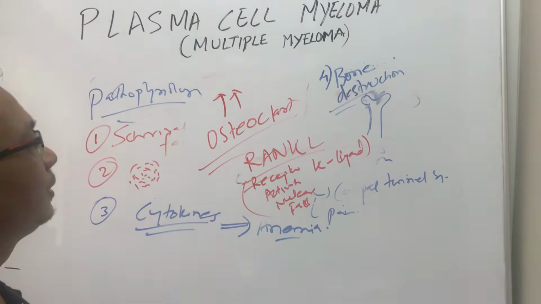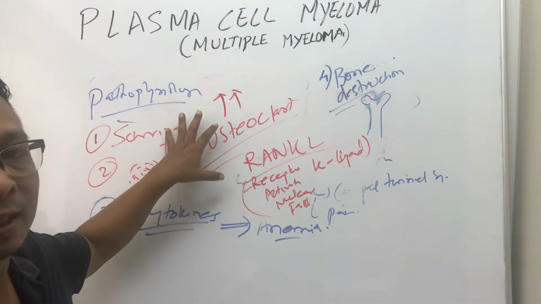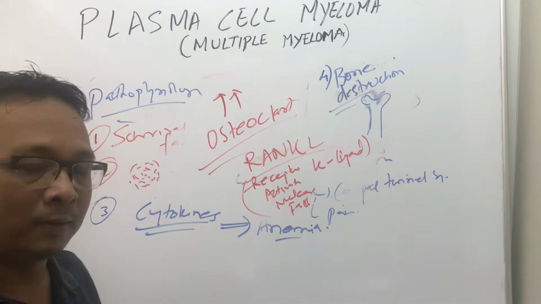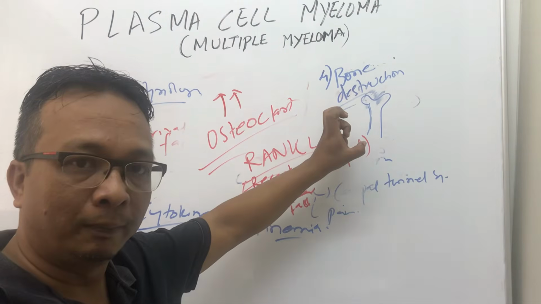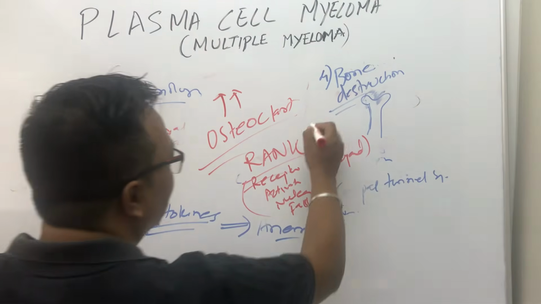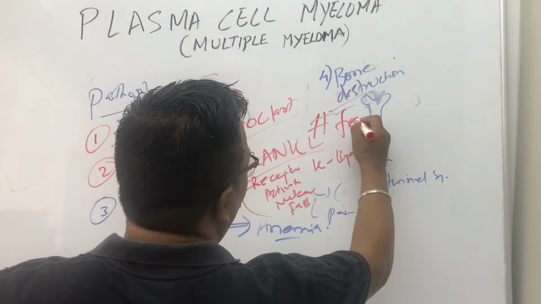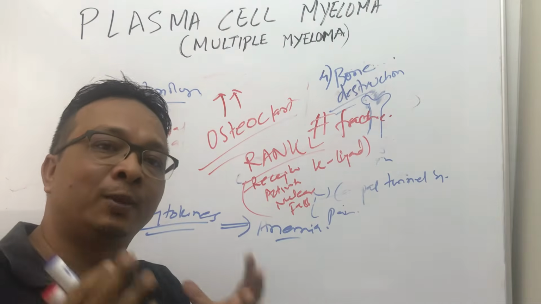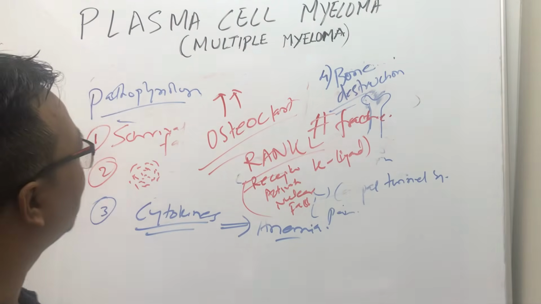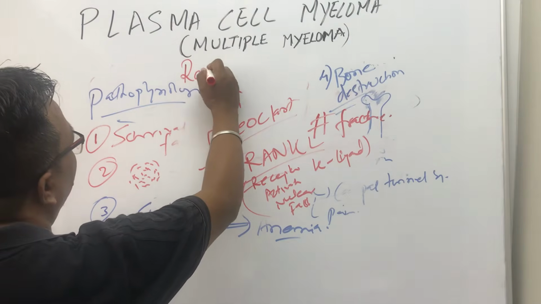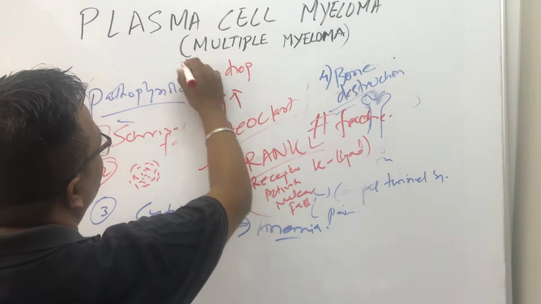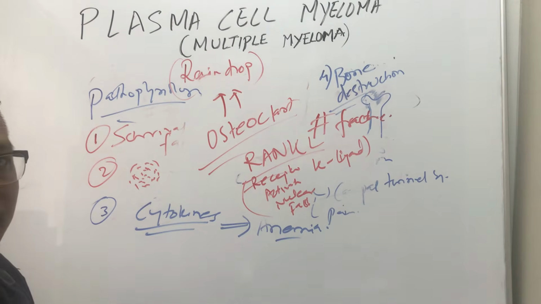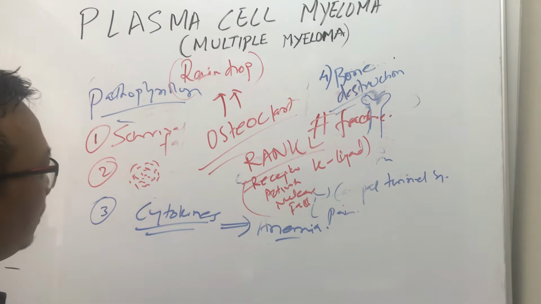Because of this RANKL, there is overexpression of osteoclasts, meaning bone resorption is more than bone production. So the bone becomes weak, and as a result there will be pathological fracture or vulnerability to fracture. Often when an X-ray of the skull is done in multiple myeloma, it gives a raindrop appearance, which also comes as a one mark question in MCQs.